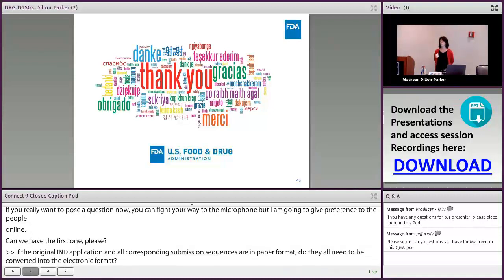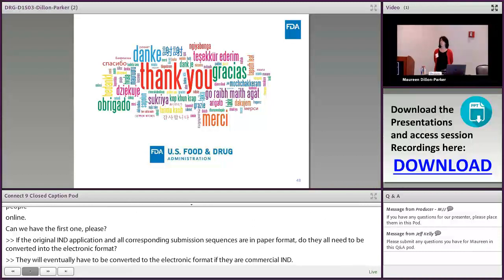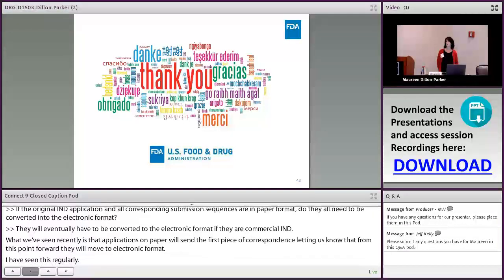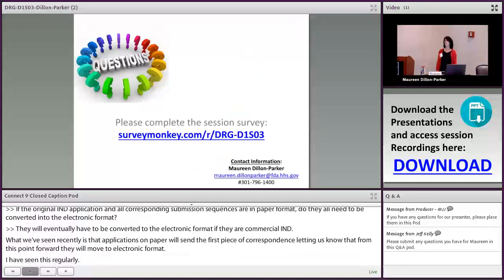What we've seen recently is that applications that are in paper will send us their first piece of correspondence, letting us know that from this point forward, they are going to be moving to electronic format. I've seen that quite regularly, knowing that the deadline's coming up for the electronic submission. So a lot of people are taking advantage of switching now to the electronic format so that there's not this rush come May to make sure their submissions get accepted.